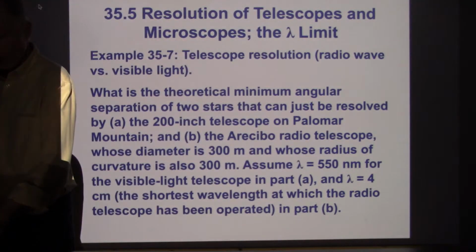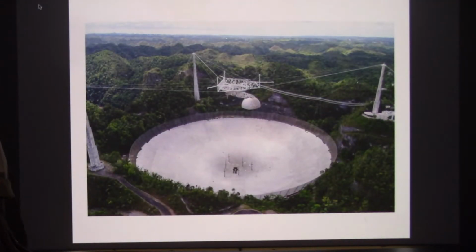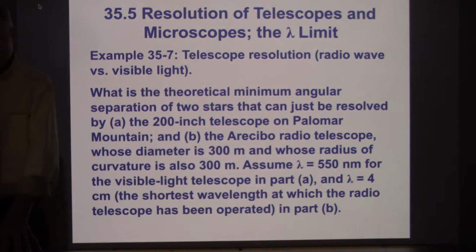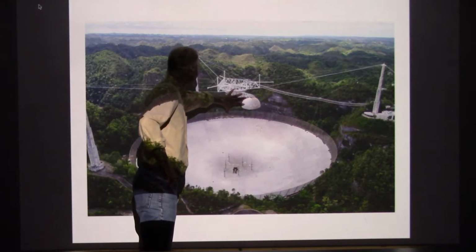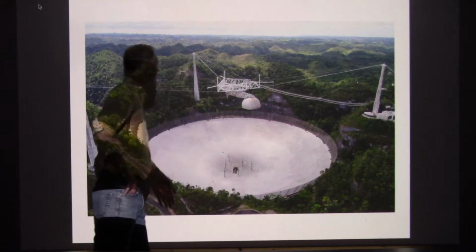First of all, here is that radio telescope, and they're telling us it is 300 meters across. This Arecibo radio telescope is 300 meters across, and I noticed in the news, not too long ago, maybe earlier this year, maybe last year, that it had gone into disrepair, and the collecting mechanism at the top collapsed.